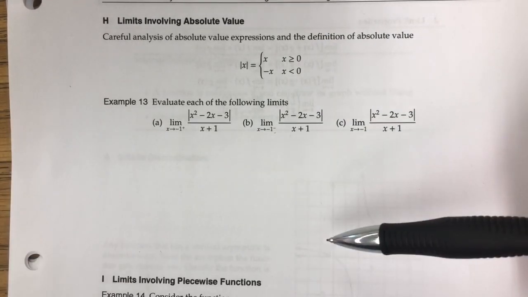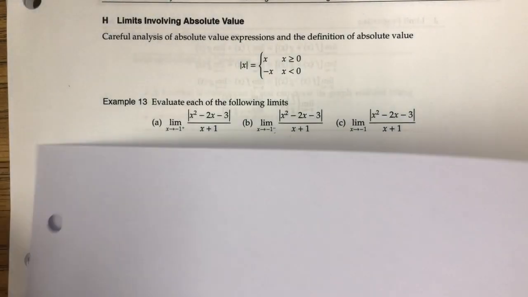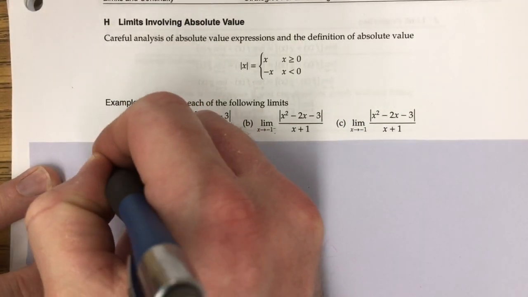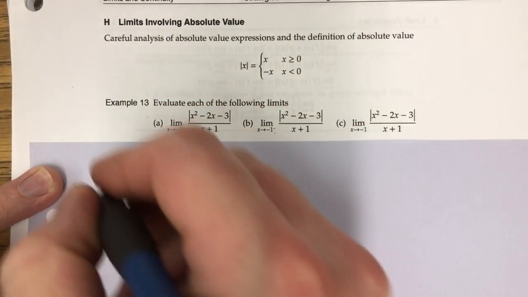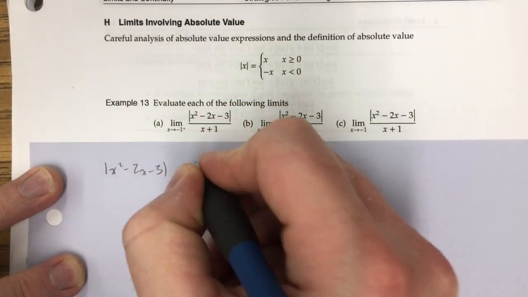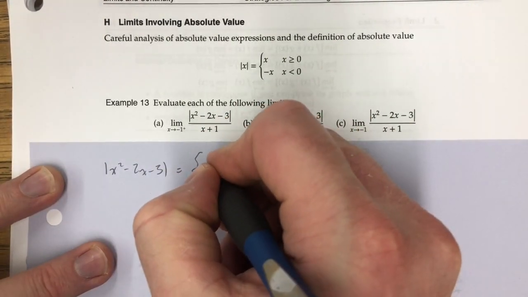Now, I don't really have enough room here, so I'm going to bring in another sheet of paper on which to analyze the absolute value of x squared minus 2x subtract 3. You'll remember this has two possible values.